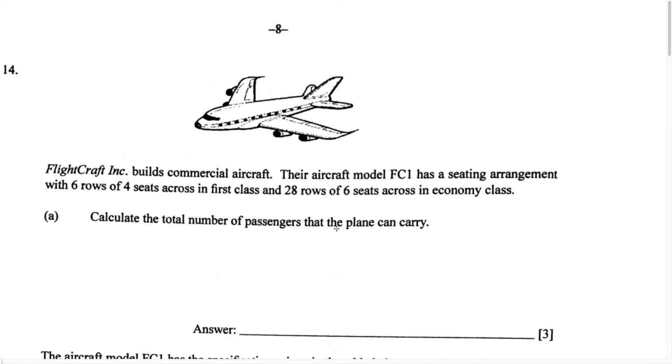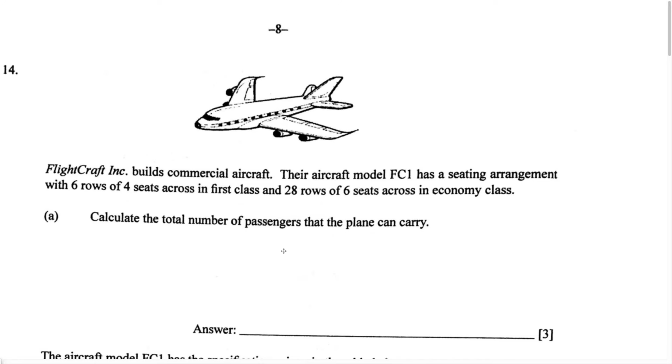Now we have to read the question and understand exactly what it is saying in order to solve this problem. It says Flightcraft Incorporated builds commercial aircrafts. Their aircraft model FC1 has a seating arrangement with 6 rows of 4 seats across in first class and 28 rows of 6 seats across in the economy class.